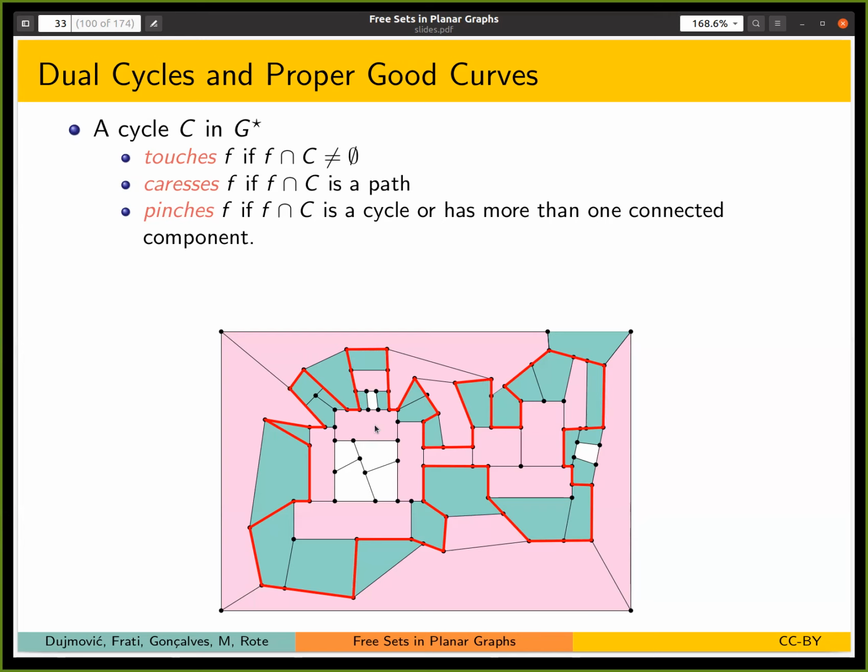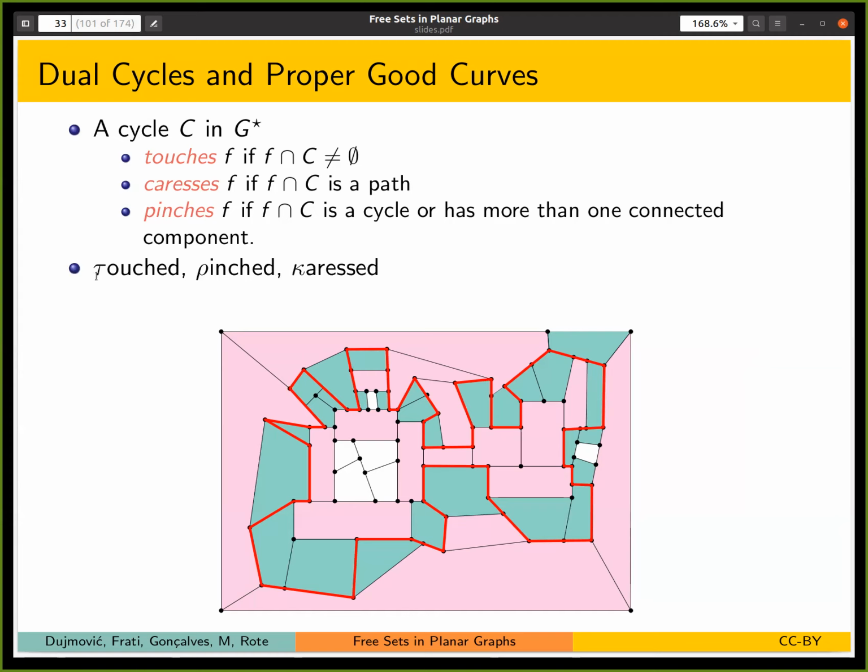If you look at each of these pink faces, the curve visits the face for a while, goes away, and then comes back and visits the face again later. That's pinched, that's not good. And then each of these green faces, those are caressed by this curve. The curve comes along, touches them, walks around that face for a while, leaves, and never comes back. So these green faces, the ones that are caressed, those are the good ones.